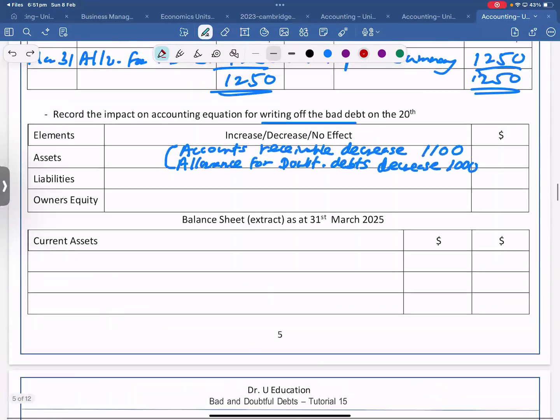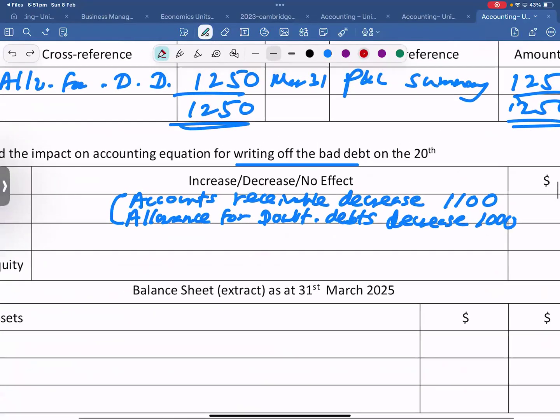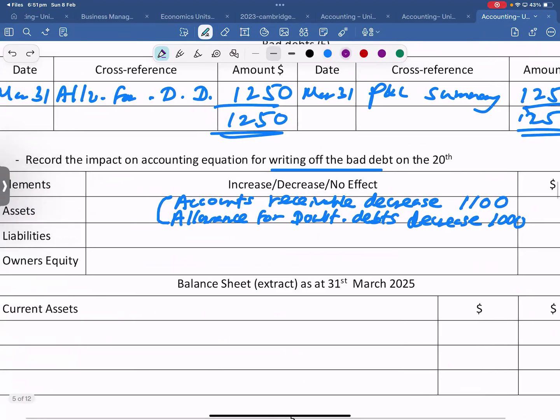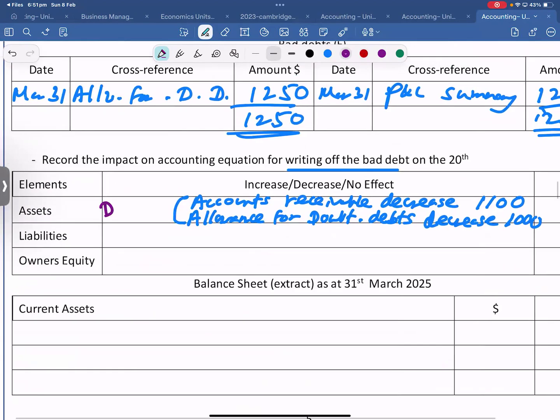Okay, guys. Doubtful debt decreased by 1,000. Then, as a result, my overall assets decrease by 100.